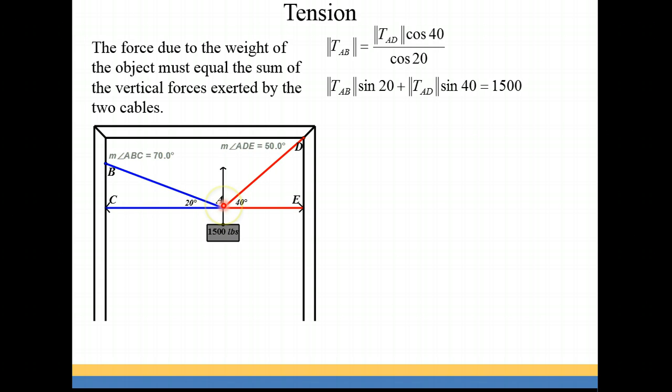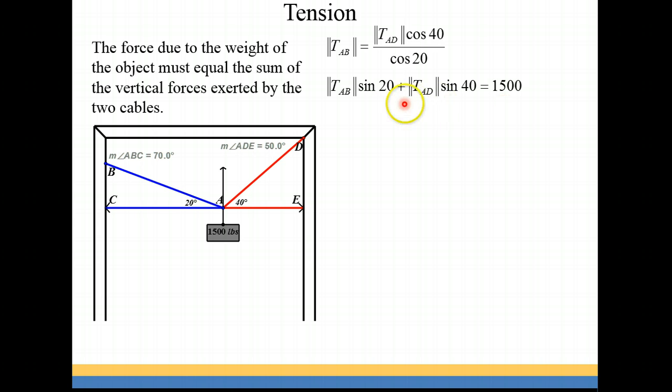So the opposing forces that are holding it up are the y components of these force vectors, the tension in the cables. So what we want to do is figure out what those y components are. So we have for TAB sine 20 and for TAD sine 40. So the sum of those two forces must equal the 1,500-pound force pulling down.